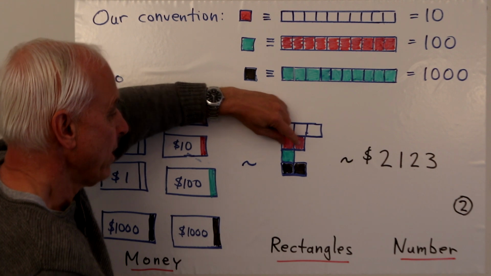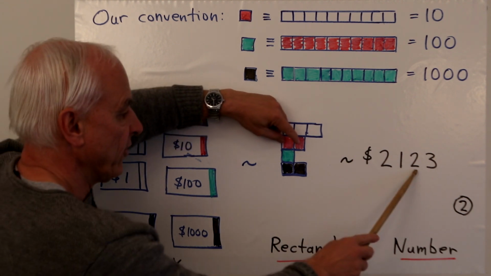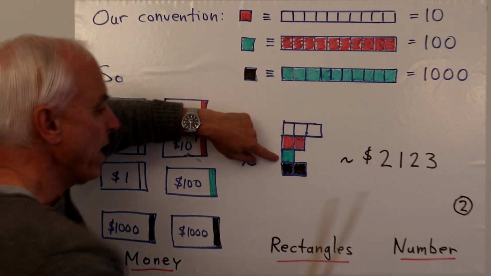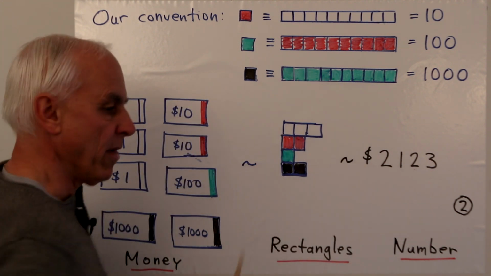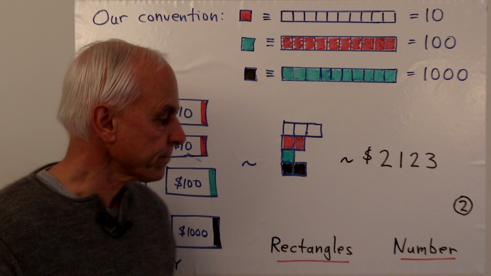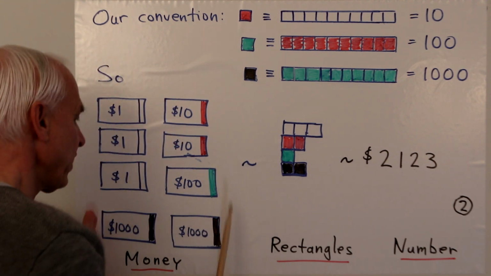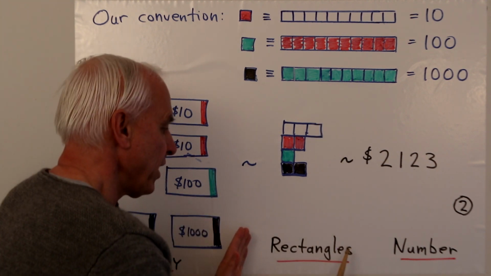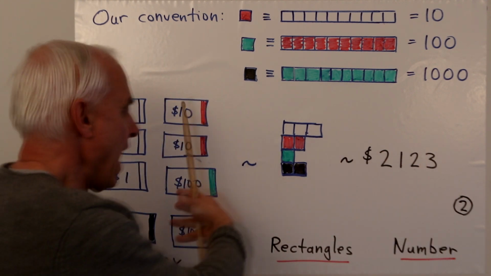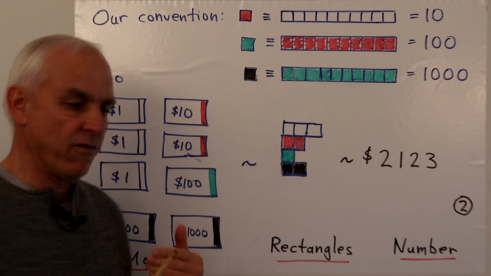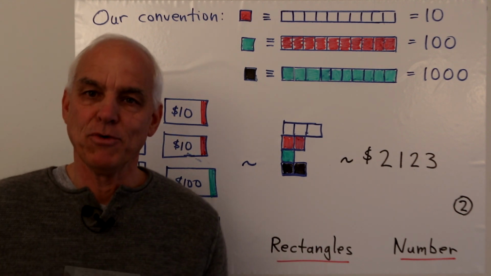There's 2 here, number of $10 bills, there's representing that 2. The 1 here corresponds to this 1, and the 2000s in black correspond to this digit here. So we have money over here, rectangles over here, and numbers over here, and there's a natural kind of parallel. We can go from one to the other very smoothly.